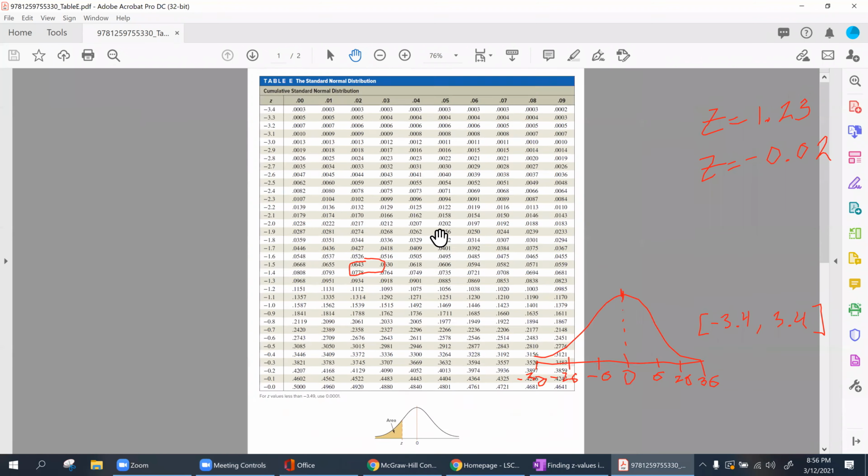The value I'm looking for is negative 0.0, which is here, intersected with 0.02, which is there. So the value when z equals negative 0.02 is 0.4920, and that's the value you provide. This is how we use the normal distribution table, sometimes referred to as the z table.